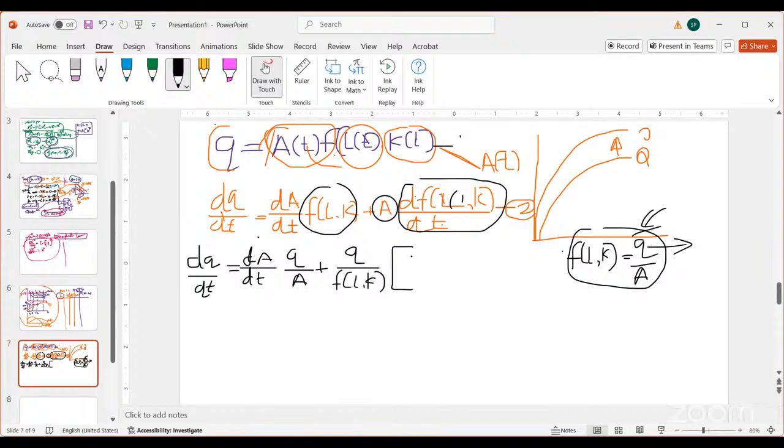When I differentiate, I use F, which indicates all these L and K inside, with respect to K, but the last variable is t, so we have to use the chain rule.